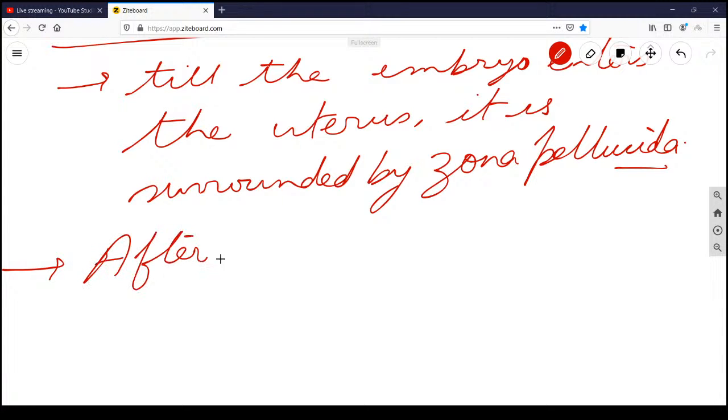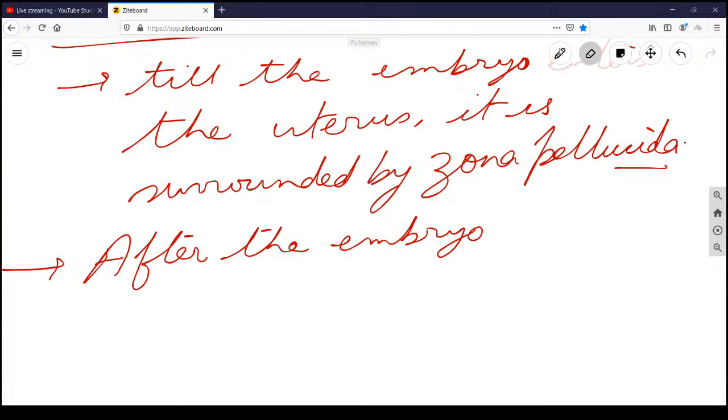Again a great neat question. When does the zona pellucida shedding happen? That is, when the embryo reaches the uterus, right?